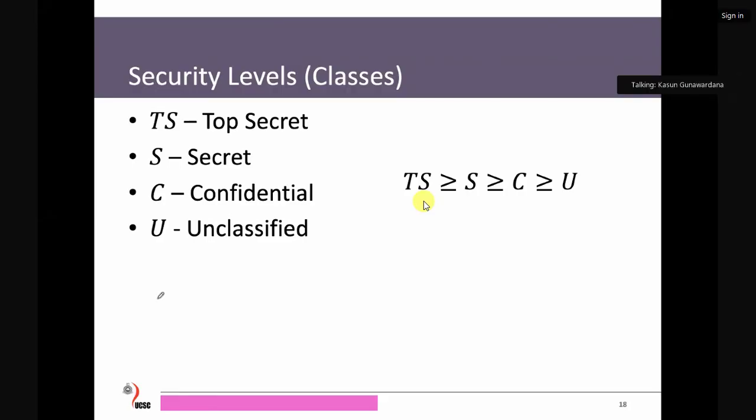We have four levels in this case: top secret, secret, confidential, and unclassified.